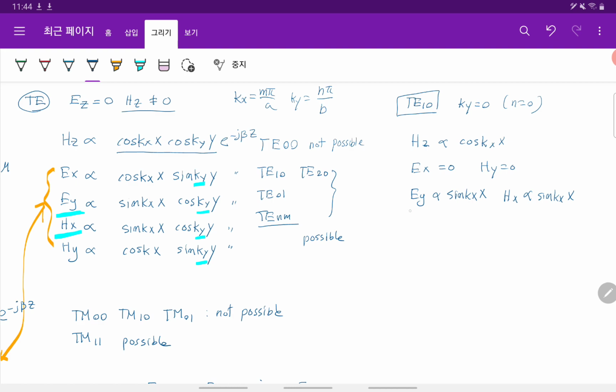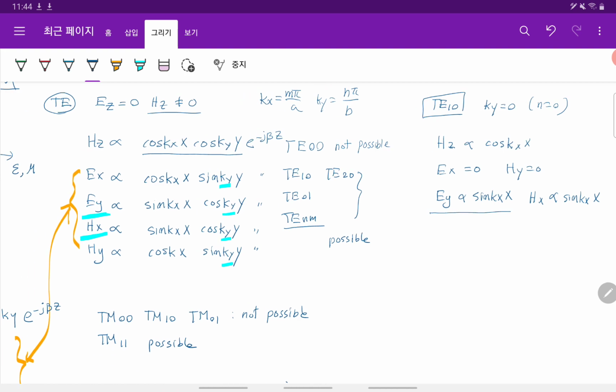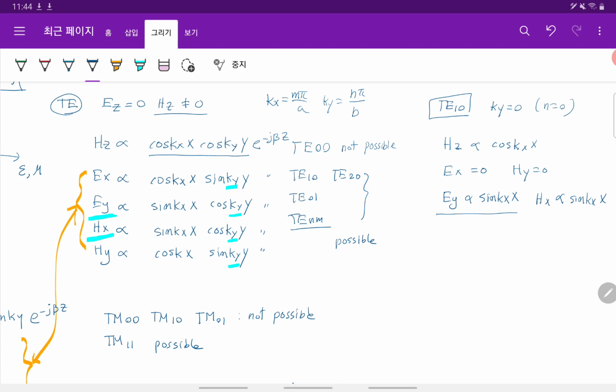So for this case, we have a Y term. So if we draw the TE case, right? So x, y.